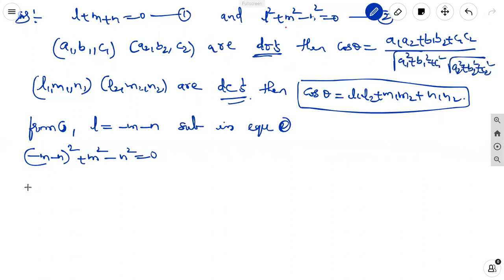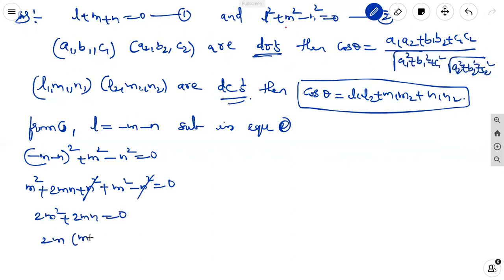So (m plus n) whole square, that is m square plus 2mn plus n square, plus m square minus n square equal to 0. Plus n square minus n square get cancelled. 2m square plus 2mn equal to 0. 2m is common, then m plus n equal to 0. One is m equal to 0, another one is m equal to minus n.